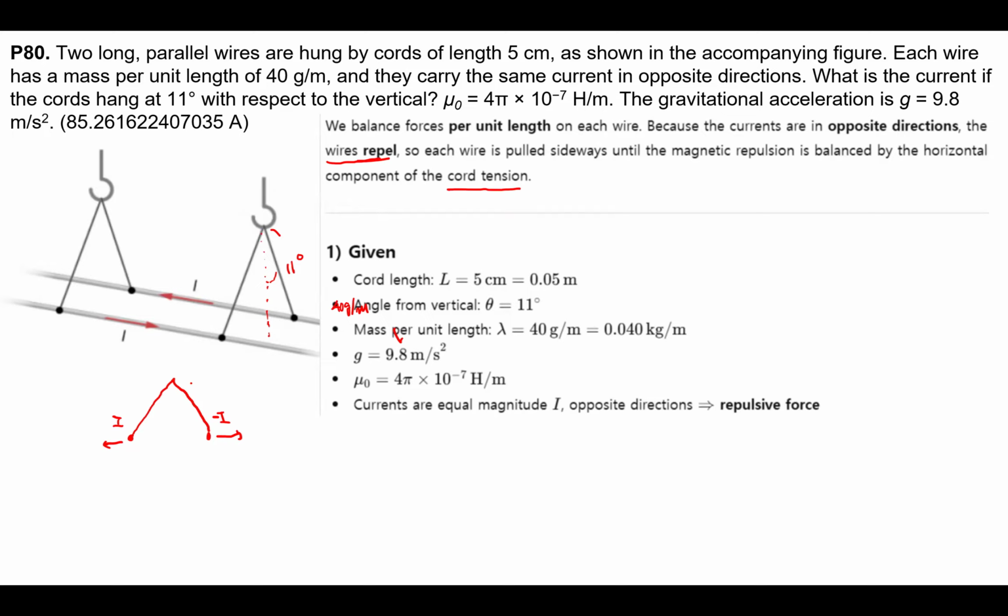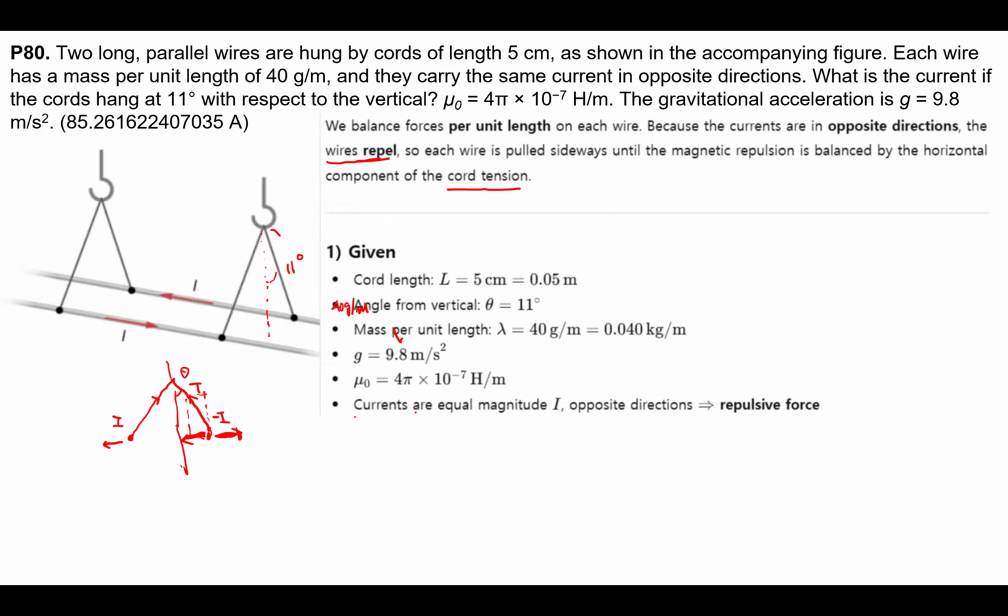And then there's a tension, and the tension has a horizontal force and a vertical force for a given theta. This horizontal force from the tension should balance the magnetic force by these two wires. So that's the scenario.